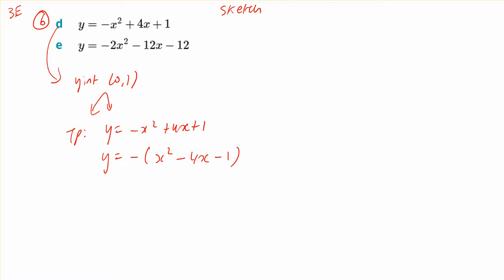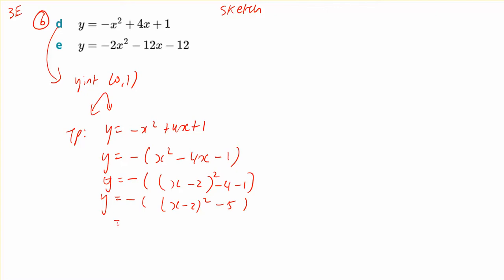Okay, so I want to do the scaffold now. x minus 1, so that's negative 2, 4 minus 1. Okay, so when I scaffold it, I get (x minus 2) squared minus 5, like that.